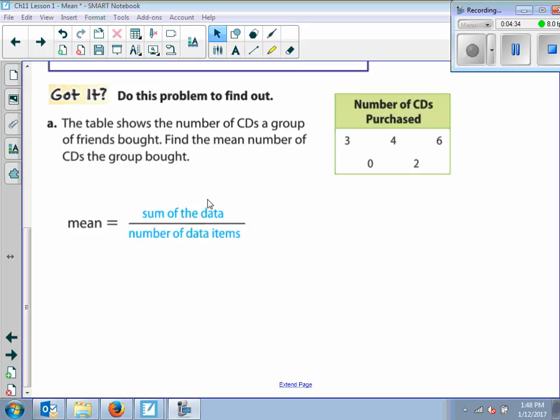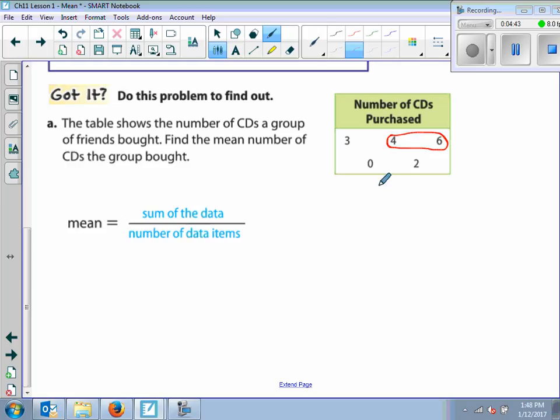Here we want to find the sum of the data. 4 plus 6 is 10. Then 3 plus 2 is 5. And even though this is 0, that's still a data item. We still need to include it. So plus 0 gives me 15. Very good.